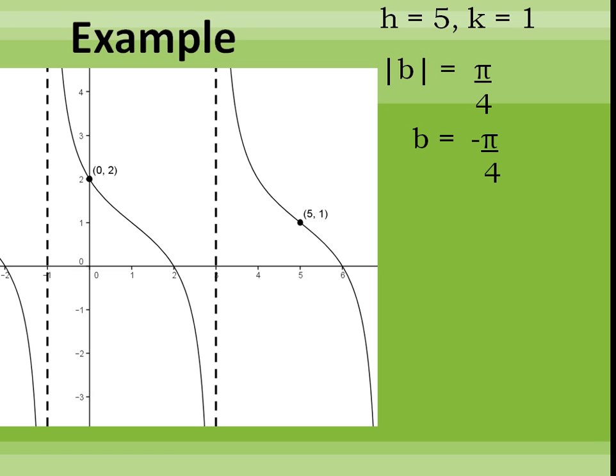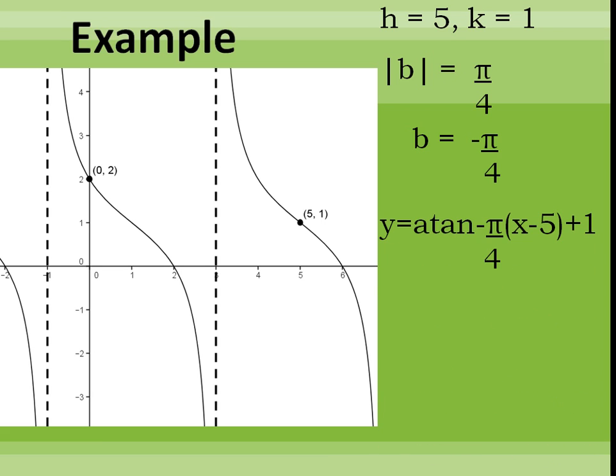Now, I need to determine if it's positive or negative. In this case, because I am decreasing, I know that a times b is going to be negative. So what I've done is I've put b as a negative number in this case. So I should get an answer that is positive for my a.